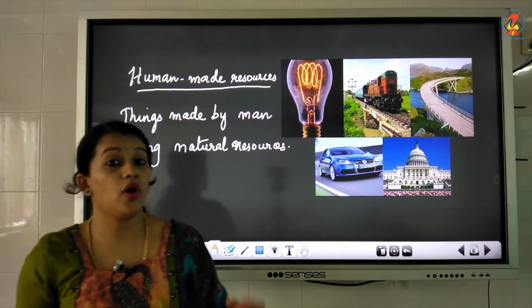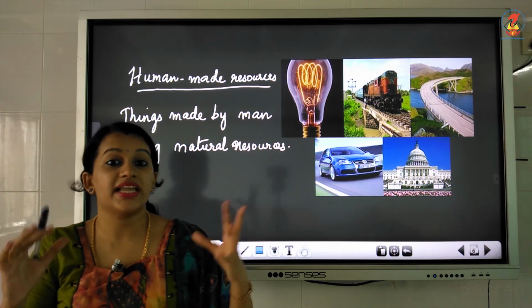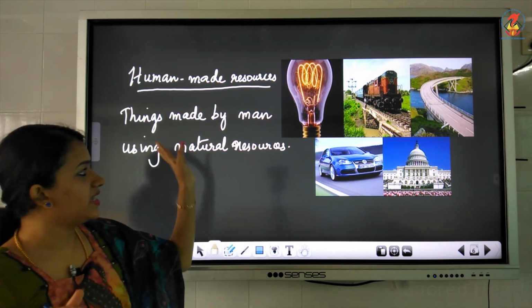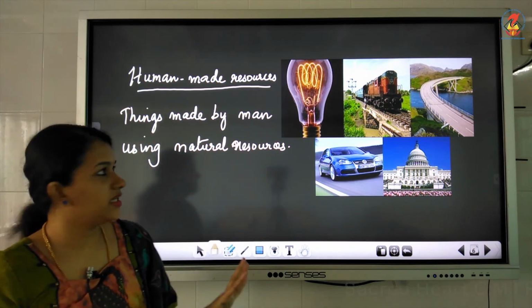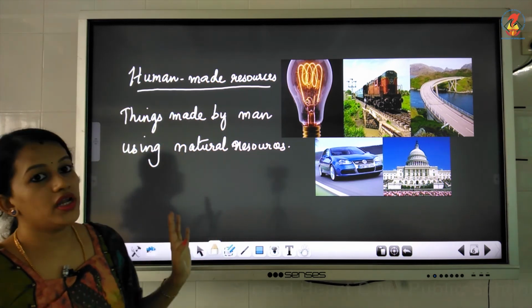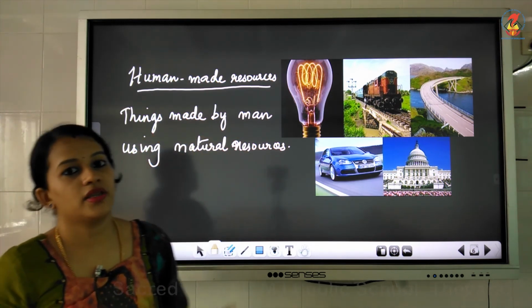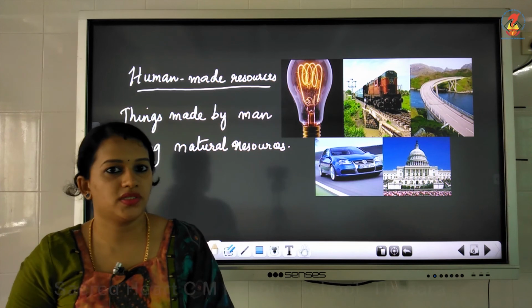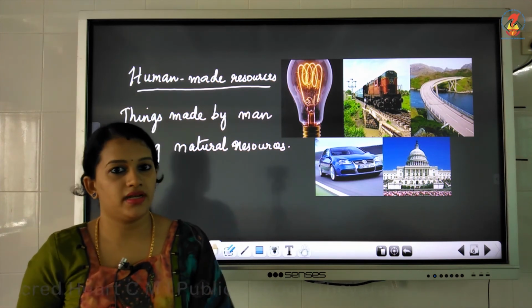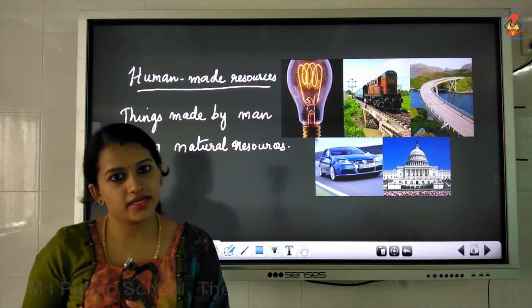It is also called man made resources. That means using the natural things, using the things that are present in nature, humans will make certain items. That is called human made resources. So I repeat, things made by man using the natural resources are called human made resources. Human made resources are also called man made resources.